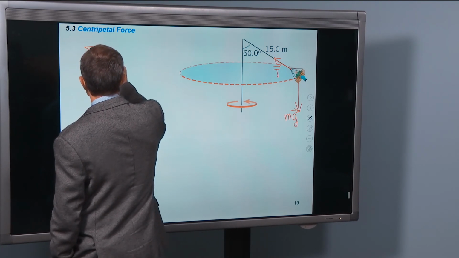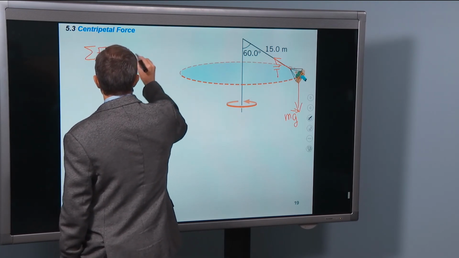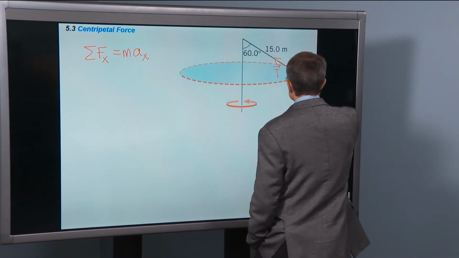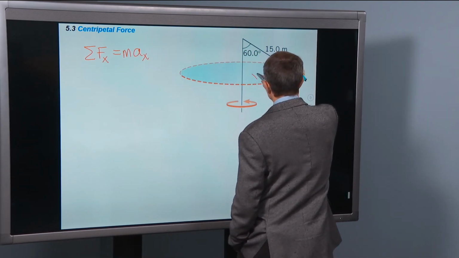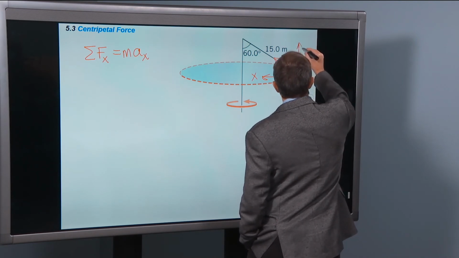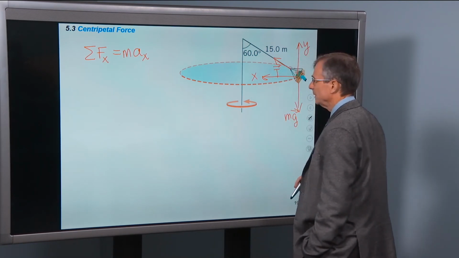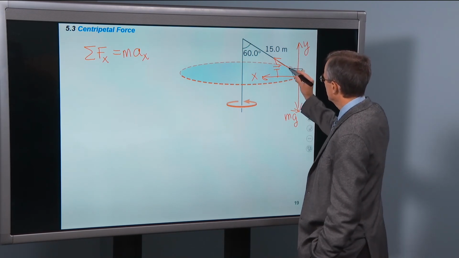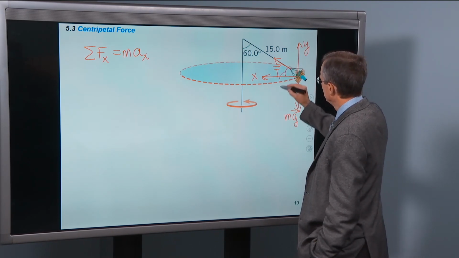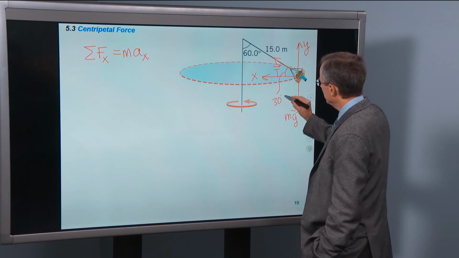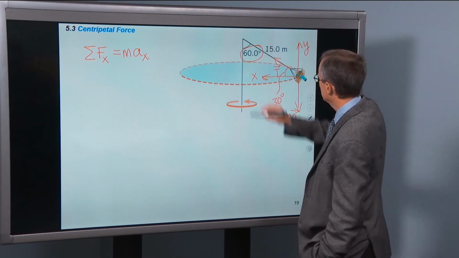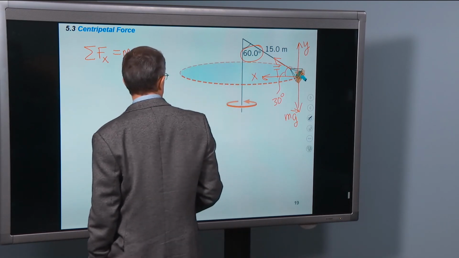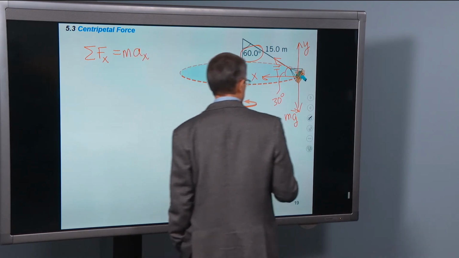There's just the sum of the forces is the mass times acceleration. Sum of the forces in the x direction, mass times acceleration in the x direction. And let's take, as we always have done, x toward the center of the circle, y vertically, and look at the forces toward the center of that circle. This angle has to be 30 degrees if this one up here is 60 degrees. And the forces in the x direction, there's really only one.